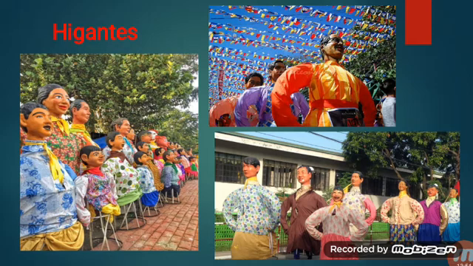The gigantes are rendered as a man or woman in various costumes. Their faces give a commanding look with their hands on the waist. The earliest gigantes are composed of a father, mother, and child. It originated in the art capital of the Philippines, Angono, Rizal province.